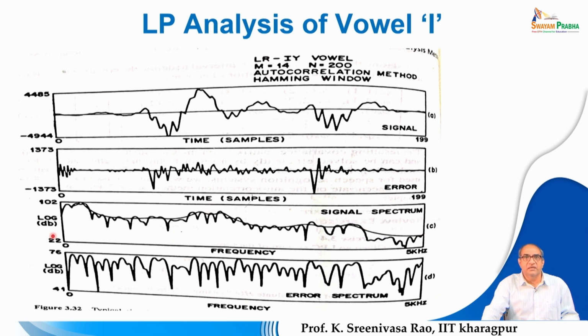Then this is the error signal, and if you compute its spectrum by just applying a Fourier transform to this error signal, the spectrum is like this. You can see the spectrum of the error signal is almost flat. That means for all the frequencies the amplitude is more or less similar.